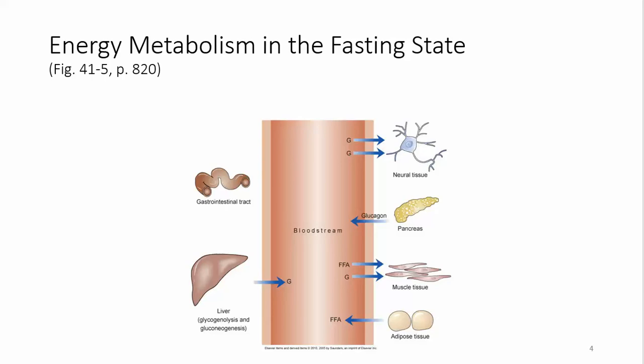Insulin is released by beta cells. Alpha cells release the hormone glucagon. Now, glucagon promotes glycogenolysis and gluconeogenesis in the liver, which puts glucose from the liver back into the bloodstream. It also causes adipose tissue to break down and release free fatty acids.